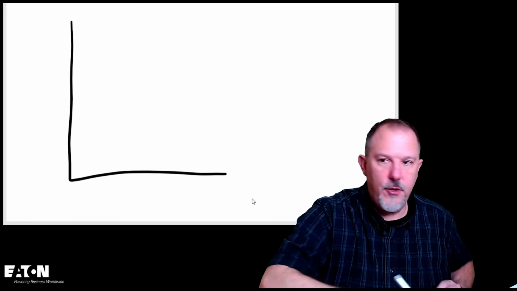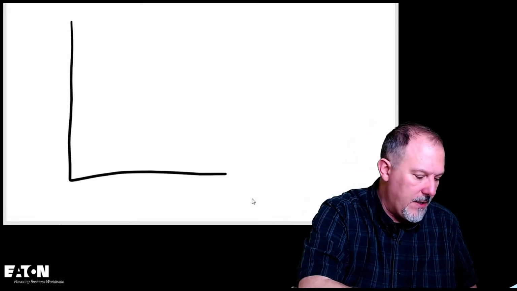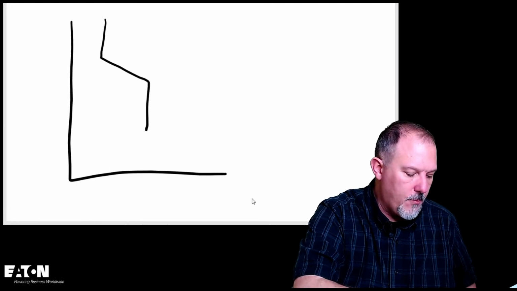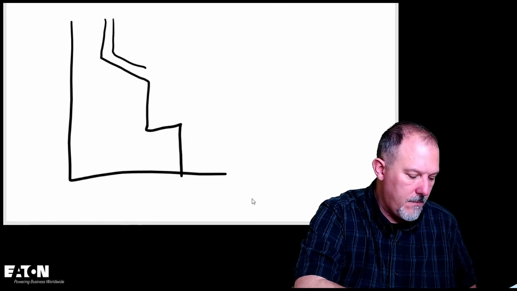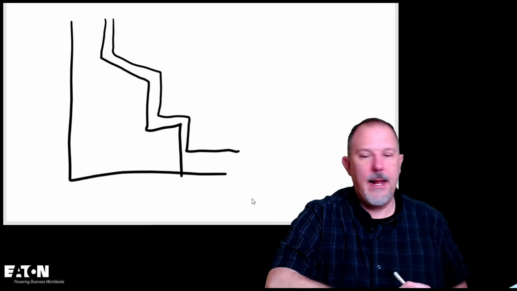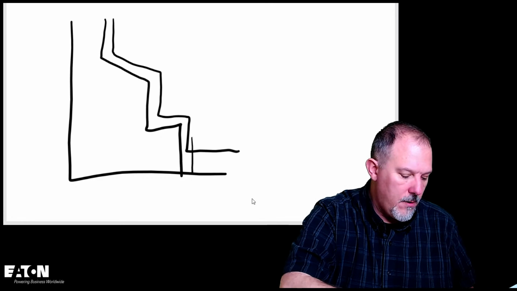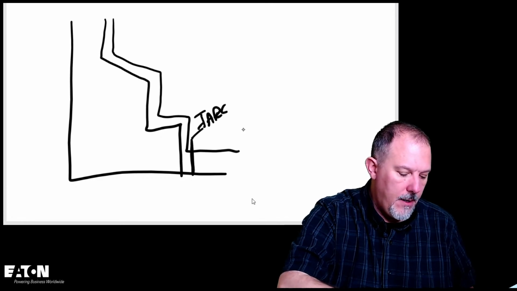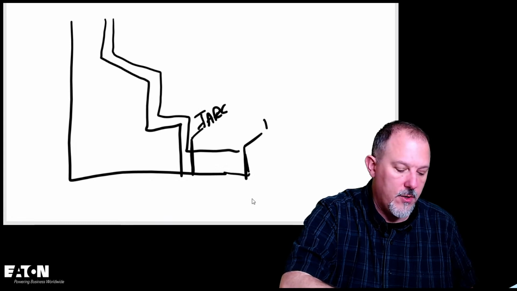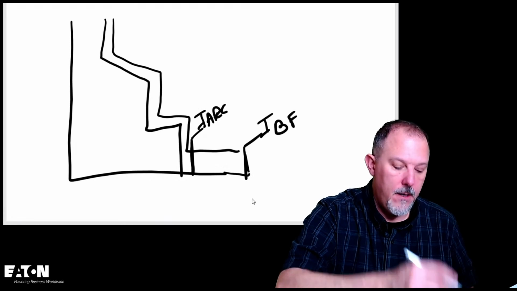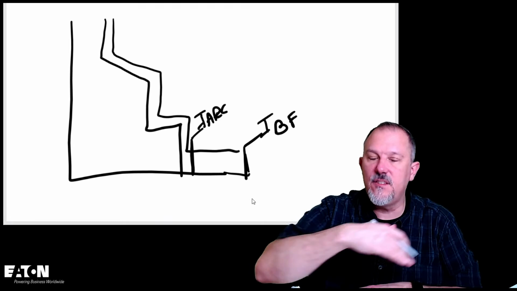You take your TCC curve, and let's say that it's a circuit breaker like this. And I calculate one value of arcing current. Let's say it's right here, I arc. And let's say that the bolted fault current was right here. So what 1584 does is it gives me a bunch of equations.